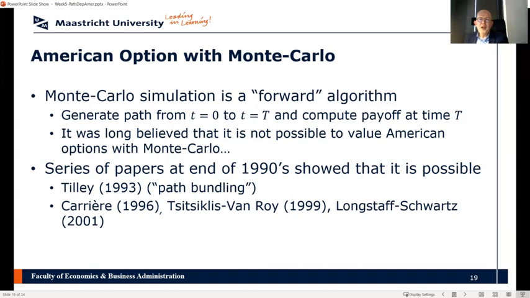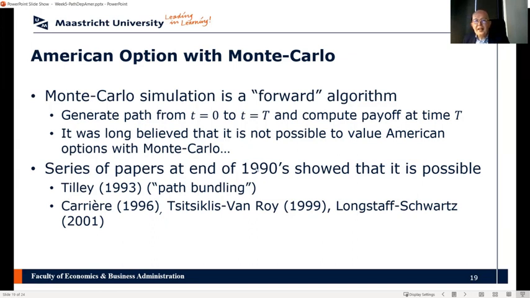Because Monte Carlo is a forward type of algorithm, whereas for optimal stopping you need a backward induction type of algorithm, it was long believed that this was not possible. When I was at university in the 1980s, I was taught during the course Mathematical Finance that it was not possible to value American style options with Monte Carlo simulation.